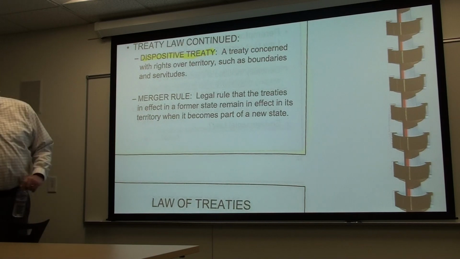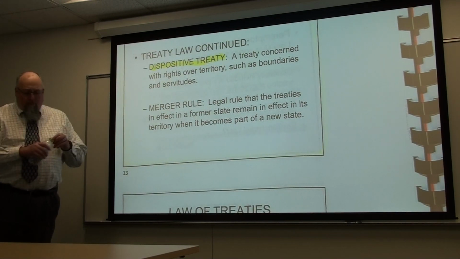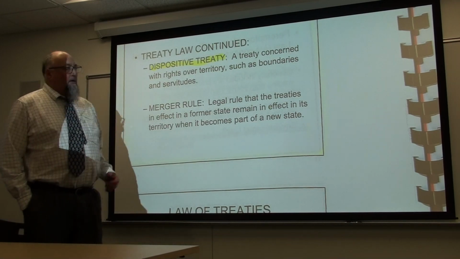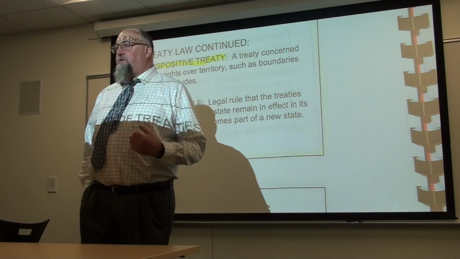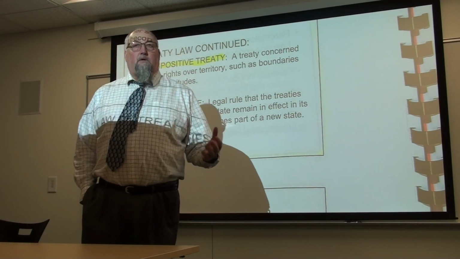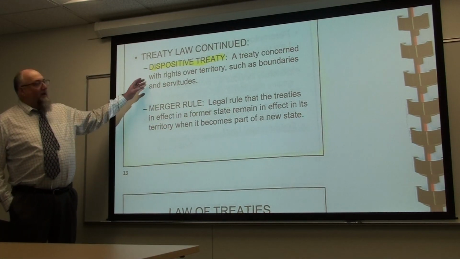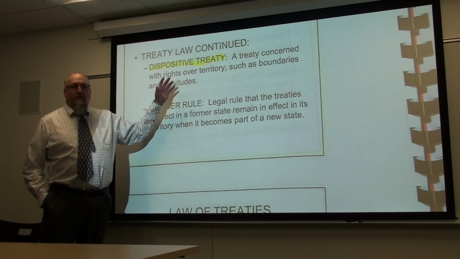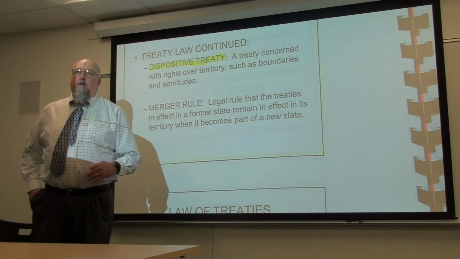Okay, a dispositive treaty. This is a phrase that's typically used to describe a treaty that involves a boundary, a territory, a servitude, which is like the Panama Canal Zone used to be a servitude, which was a form of an easement, kind of.